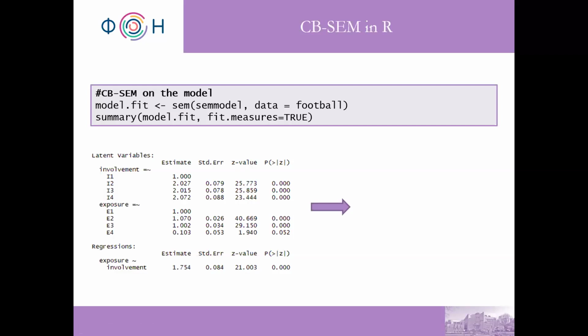So, if we, for example, observe the structure of involvement, we can see that all measured variables are statistically significant. When it comes to exposure, one of them is not statistically significant. So maybe in some redoings of the model, we can consider removing this variable from our latent construct.